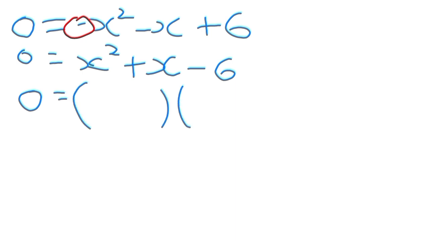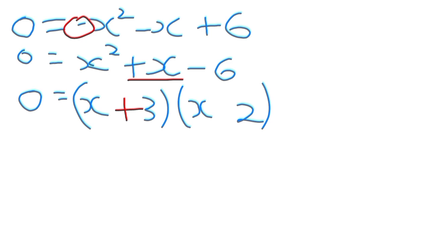Remember, we are going to look for the factors of 6 that add to give you 1. We know it's going to be 3 and 2, good people. So here is our 3 here, and here is our 2. For the signs, we look at the middle term. Our middle term is positive here, so that means our bigger factor becomes positive.